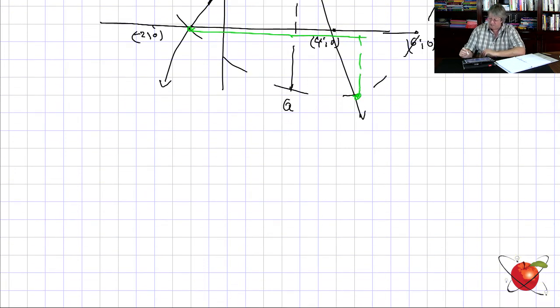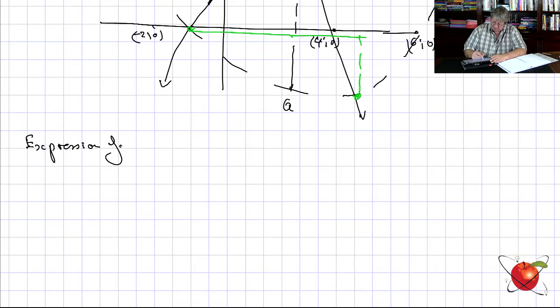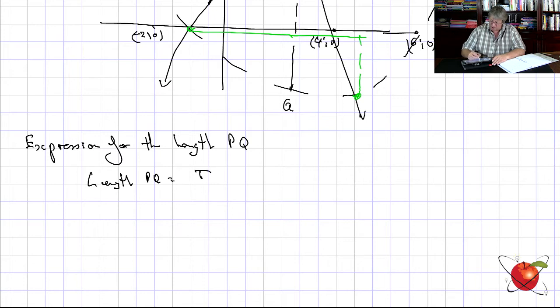So now we need to find an expression for the length. They could ask us, find an expression for the length PQ. Okay, great. What do we say? The length of PQ is going to be top minus bottom. And the top function is f of x, and this one over here is g of x.